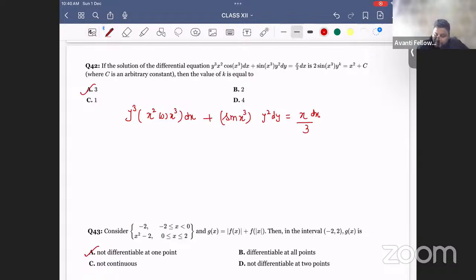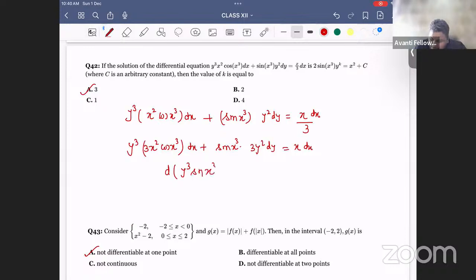Multiply the entire equation by 3. So you get y cube 3x square cos x cube dx plus sin x cube 3y square dy is equal to x dx. If you see the left hand side, it is the derivative of y cube sin x cube, which equals simply x dx. Got it?